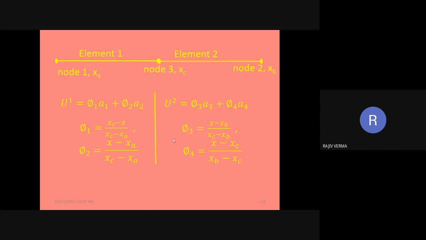The other thing to be noticed is that since the elemental equations are being developed as if the element was existing independently, we take the first element, it has two nodes, so it is going to give you two unknowns. Similarly, we are going to take the second element, it has two nodes, therefore it is going to have another set of two unknowns.